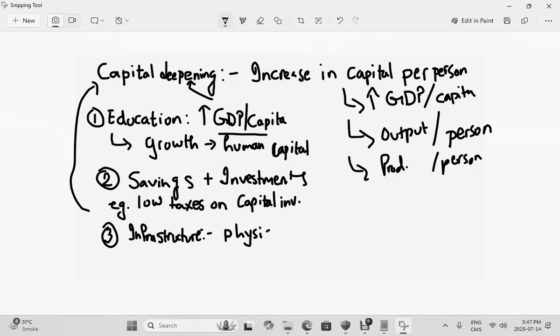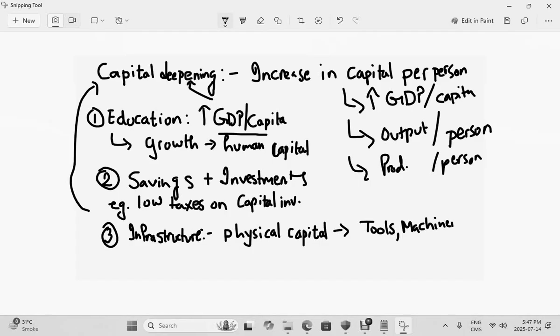When we say physical capital, it has to do with equipment, machinery, tools, vehicles or cars, work vehicles, your trucks. So investment in physical capital: tools, machinery, so on and so forth.